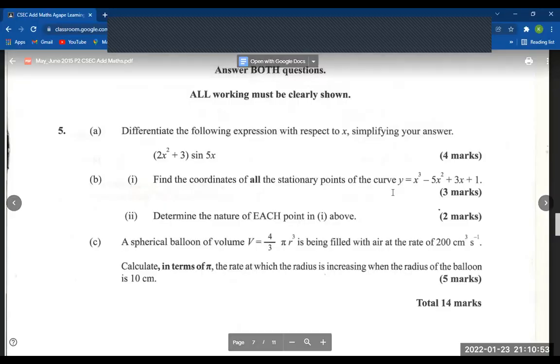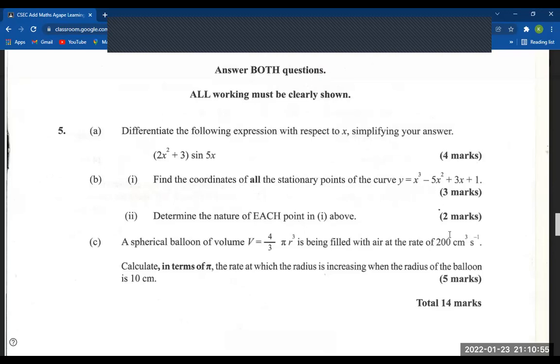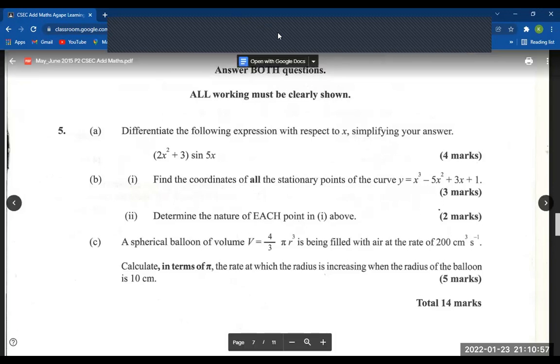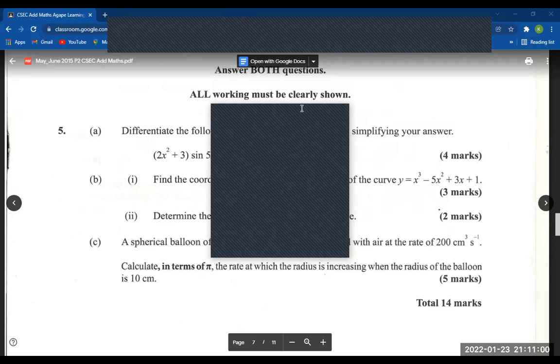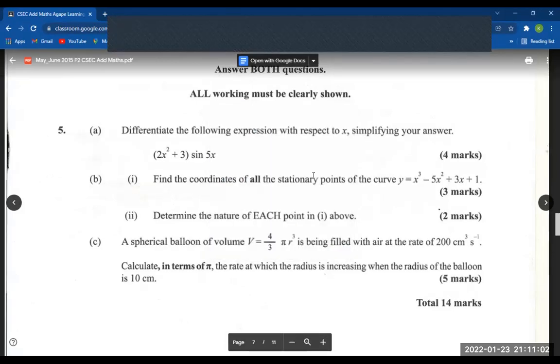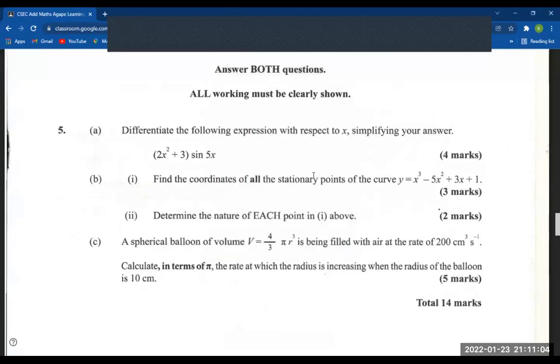But yeah. So what's the second part of this question? To find the coordinates of all stationary points of the curve y is equal to x cubed minus 5x. How do we find stationary points? Anybody knows? Differentiate first and equate to 0 and find x.